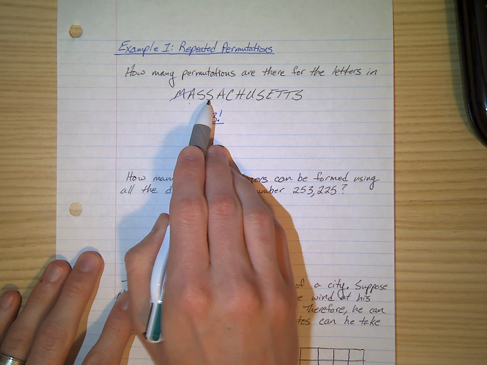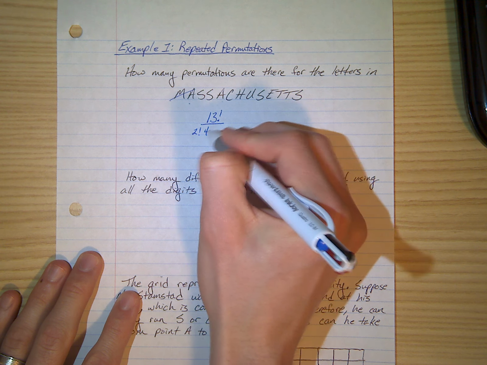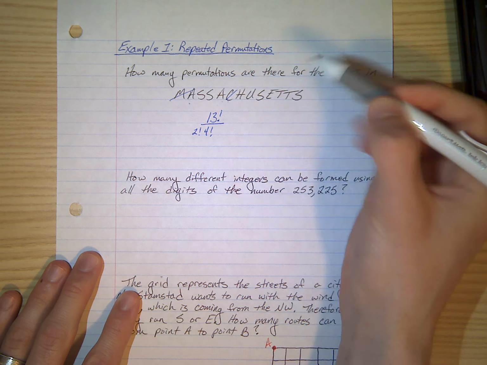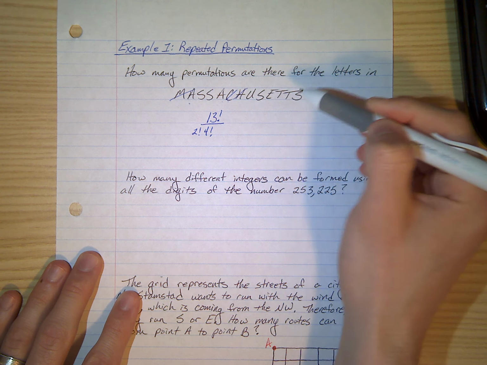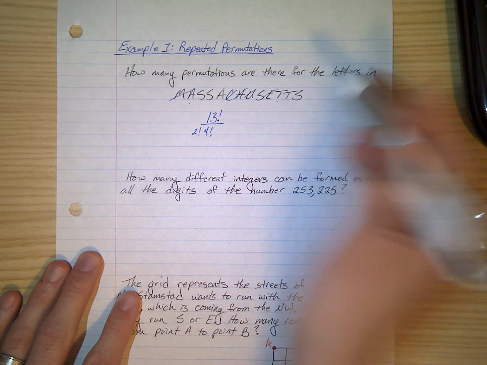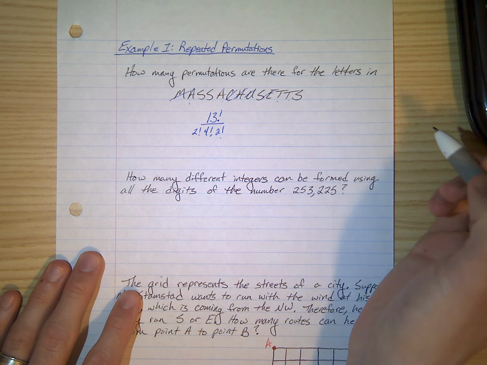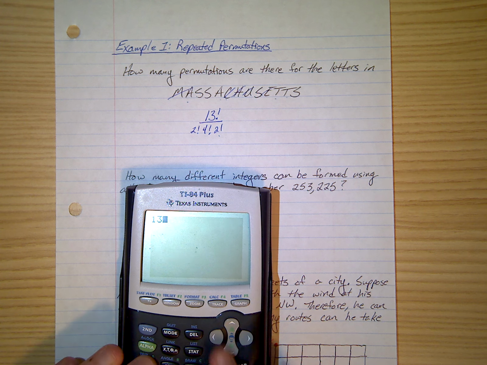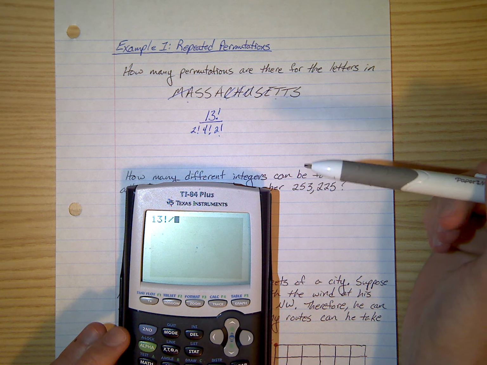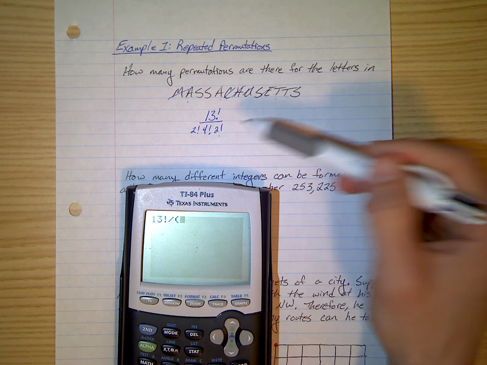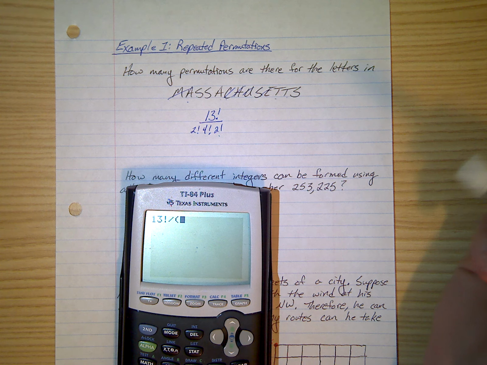There are 1, 2, 3, 4 S's, so 4 factorial. There is one C, so we ignore it. There's one H, so we ignore it. One U, so we ignore it. And then one E, but two T's, so we'd have 2 factorial again. Okay, so then when we're actually going to evaluate this, you have 13 factorial divided by, biggest mistake students make, put parentheses. If you just wrote it 2 factorial times 4 factorial times 2 factorial without the parentheses, you're going to get it wrong.